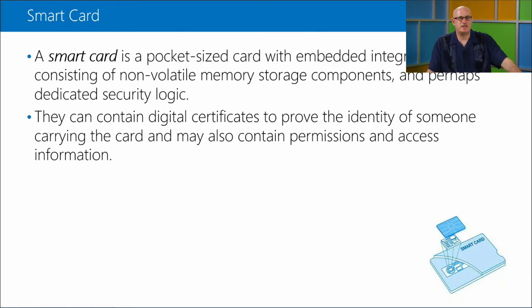So digital certificates, smart cards. Smart cards can also be used. Basically you have your little card. Notice in the diagram here, it has a little circuitry to it. As you put it in, the computer verifies the card. You either authenticate or you don't.